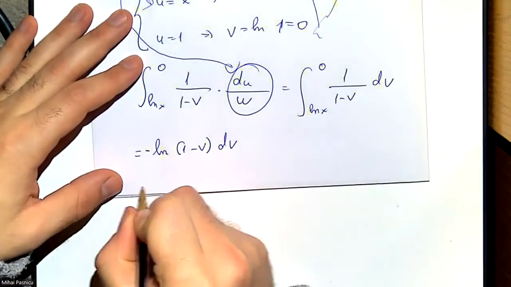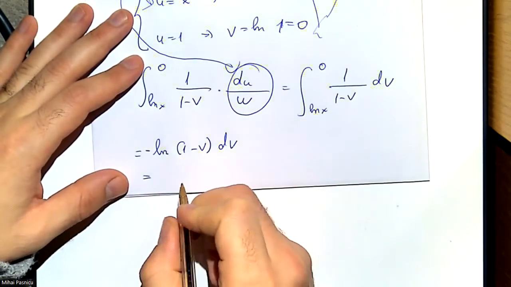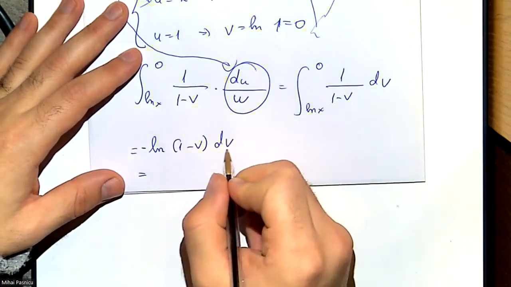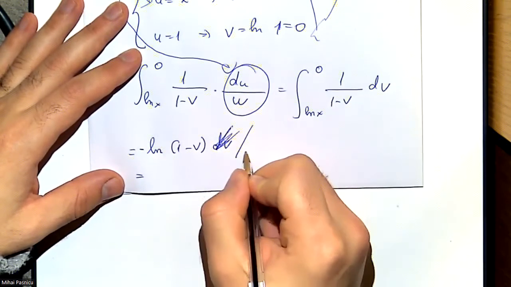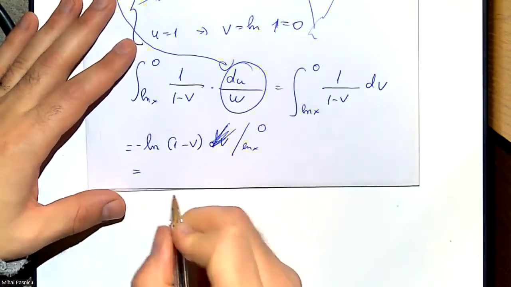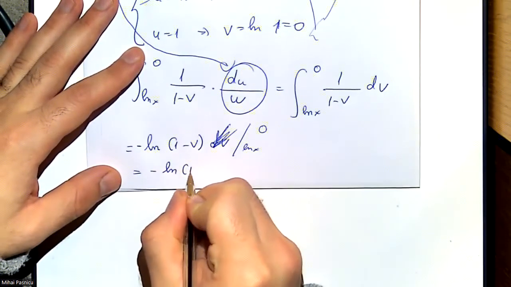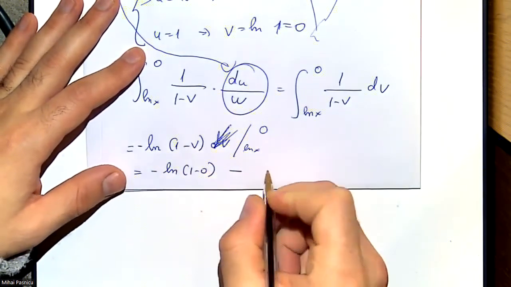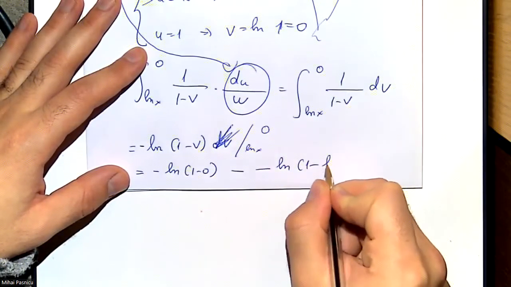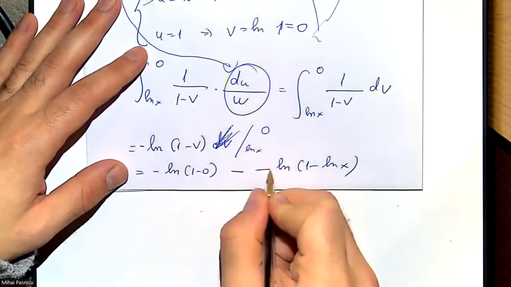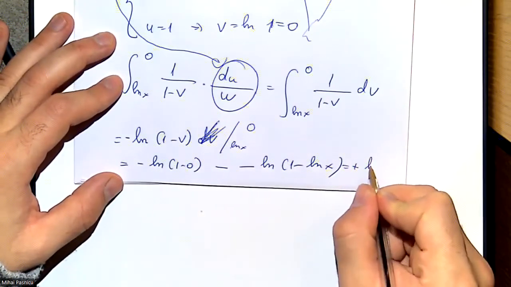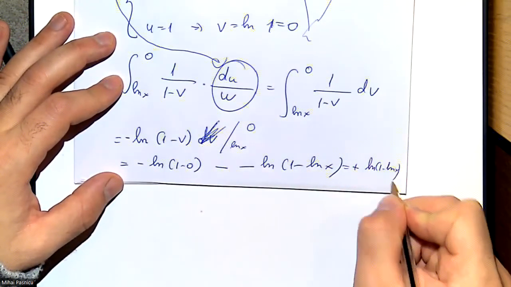So this is just equal to minus ln of 1 minus v, from ln of x to 0. So this is minus ln 1 minus 0, minus another minus here, ln 1 minus ln of x. Minus with minus becomes plus. This is 0, so this is just plus ln 1 minus ln of x.